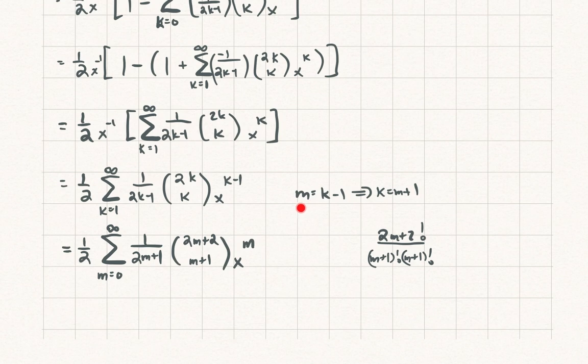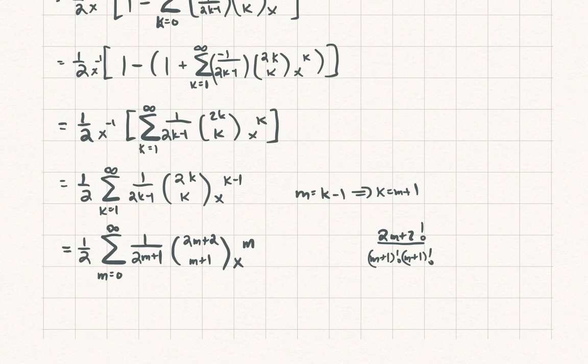I'll call my new index variable m, and m is going to be k minus 1, which means that whenever I have a k, I can replace it by m plus 1. So starting at m equals 0 and replacing all of my k's by m plus 1s, I get the expression 1 over 2m plus 1 times 2m plus 2 choose m plus 1, x to the m.